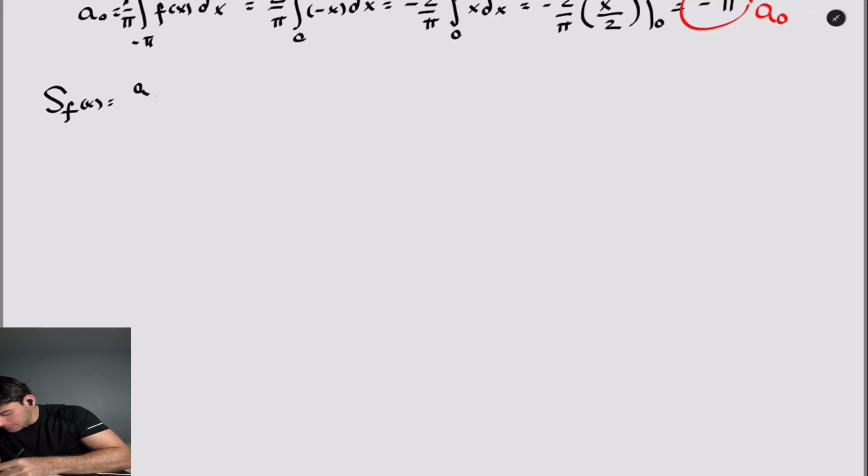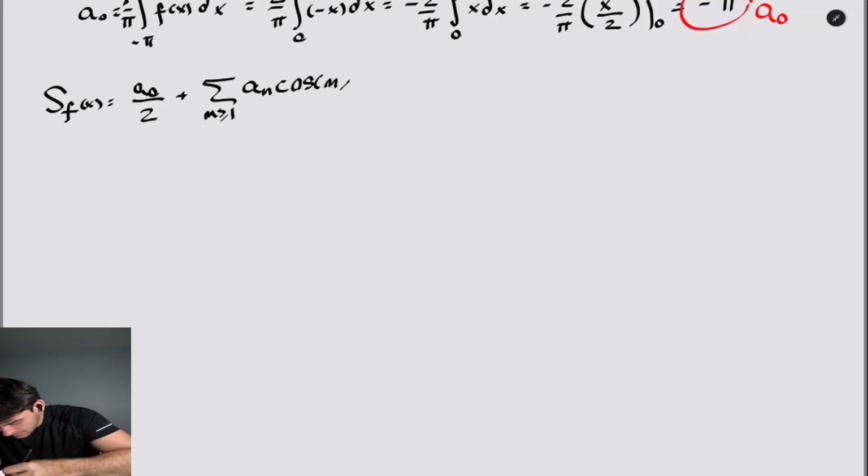It is equal to a0 divided by 2 plus the sum of n going from 1 to infinity of an cosine of nx plus the sum of Bn sine of nx.